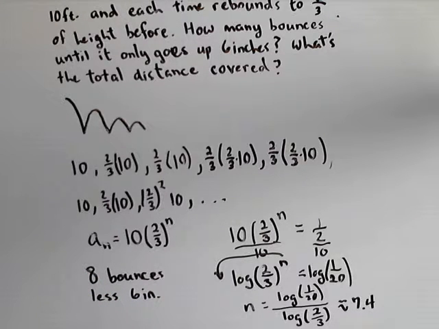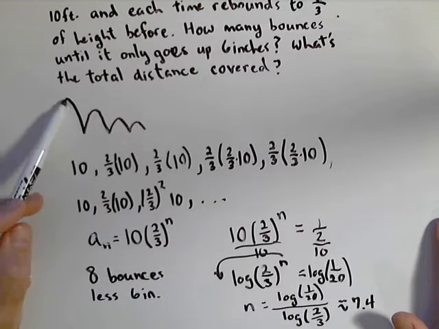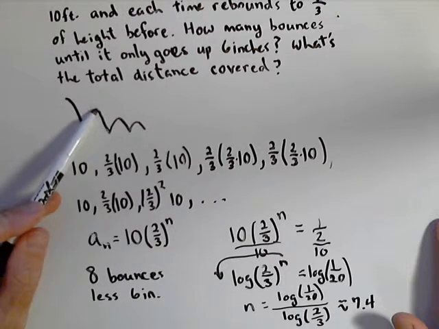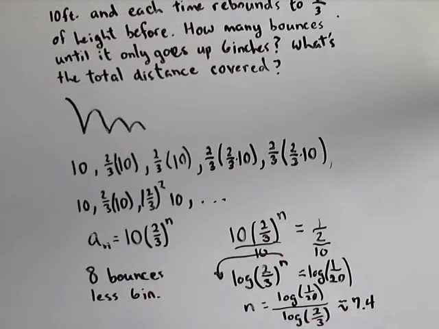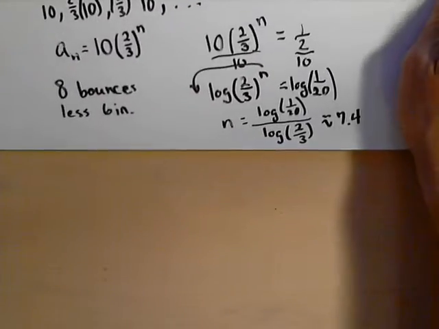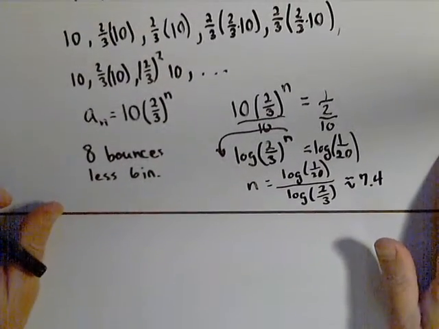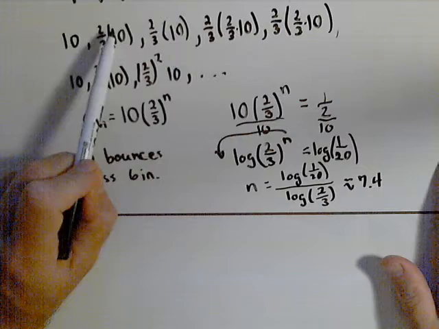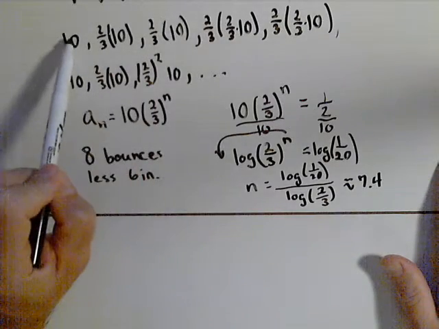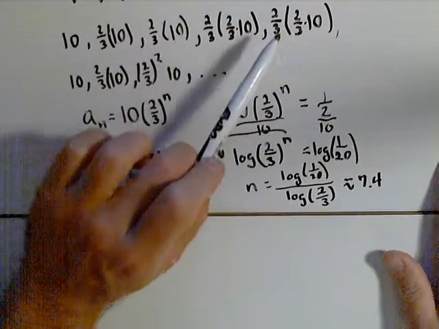Now we need to think about the total distance traveled. What we mean by that, it goes 10 feet down, then 2/3 of 10 feet up, then 2/3 of 10 feet down. So we're actually going to sum up the terms of our sequence for this. Let's get a little bit more space. Sorry, I bumped my camera there. So right here, I had started doing the bounces. That was drop, first bounce up, down, up, down.